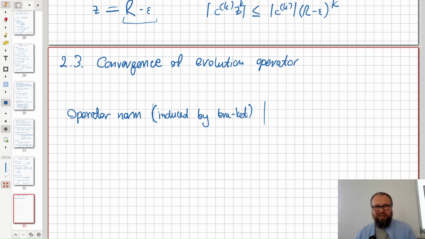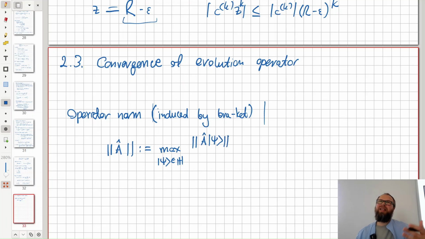The norm of the operator is the max over psi living in our Hilbert space. So it already has some optimization inside. You take the norm of the vector produced by the action of our operator and normalize by the norm of the vector we are acting on. The idea is to isolate the stretching, how much it stretches.